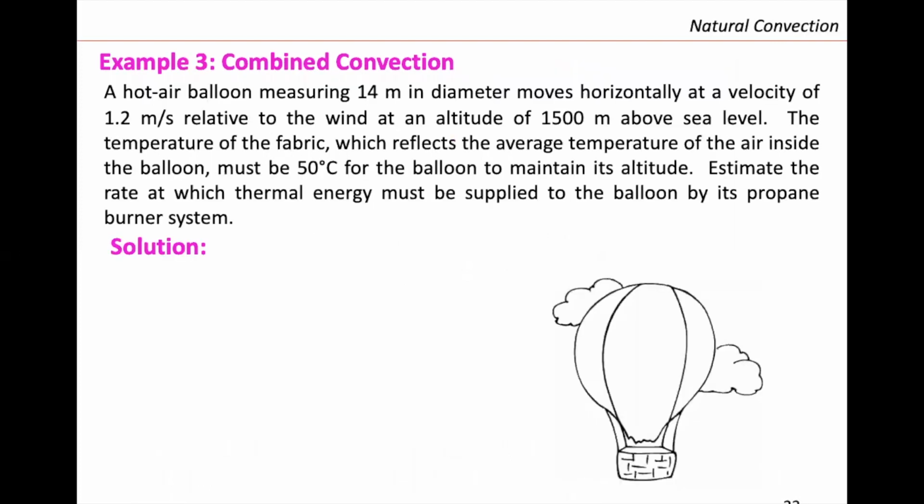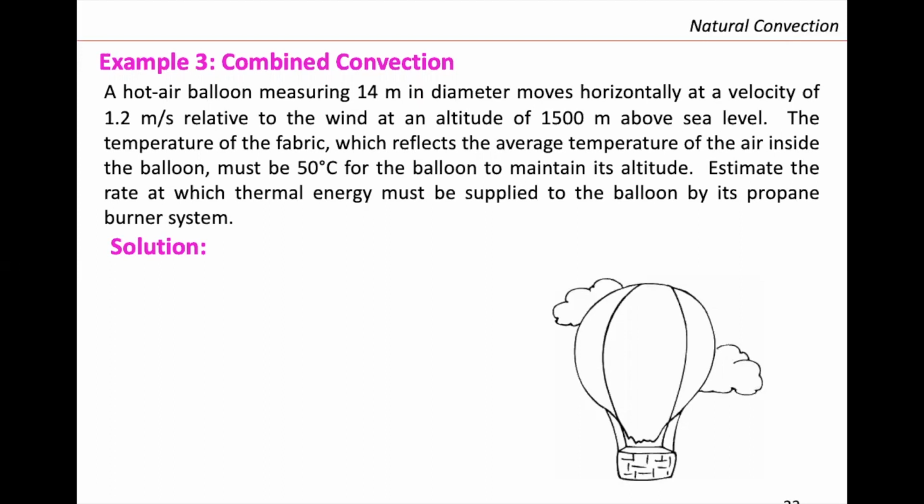So, combined convection: we have a hot air balloon that measures 14 meters in diameter and is moving horizontally at a velocity of 1.2 meters per second relative to the wind at an altitude of 1,500 meters above sea level. The temperature of the fabric, which reflects the average temperature of the air inside the balloon, must be 50 Celsius. So that could be the surface temperature, right?